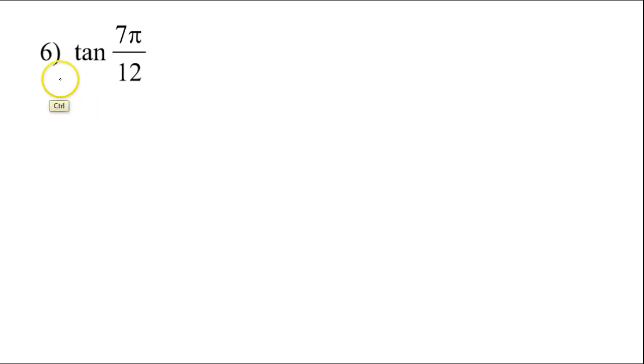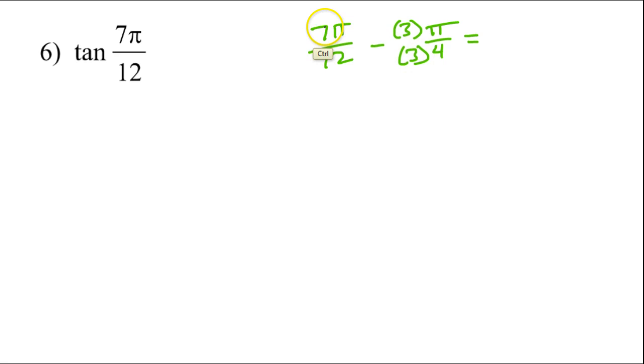Okay, problem number 6, the tangent of 7 pi over 12. First, I need to figure out how to break this down. So I'm going to start with 7 pi over 12, and I'm going to subtract pi over 4 from it and see what I get. Of course I will have to multiply by 3 in order to get like denominators. 7 pi over 12 minus 3 pi over 12 is going to be 4 pi over 12.